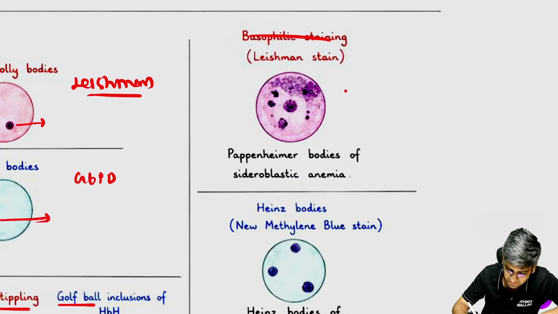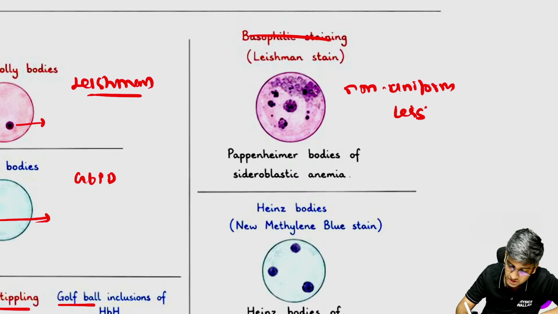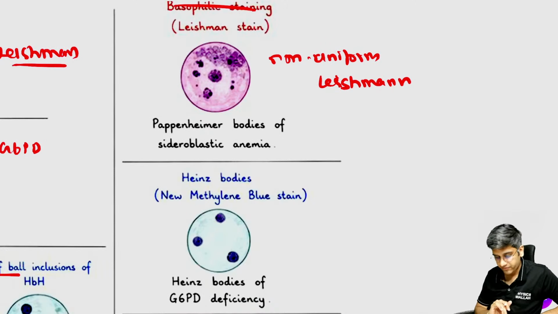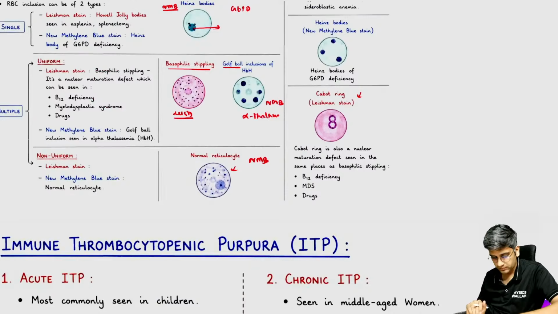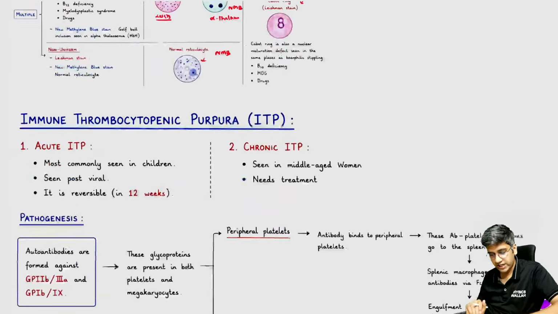If you have non-uniform inclusions in Leishman stain, it is a Pappenheimer body seen in sideroblastic anemia. And Cabot ring is an inclusion body like basophilic stippling, seen in all the conditions of basophilic stippling. Done? Okay. That's all regarding RBC disorders.